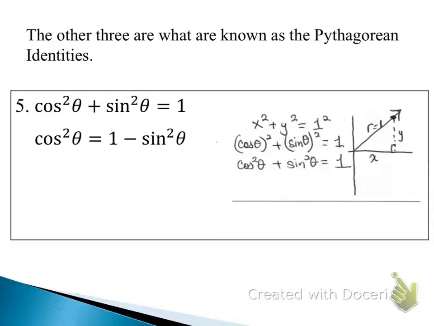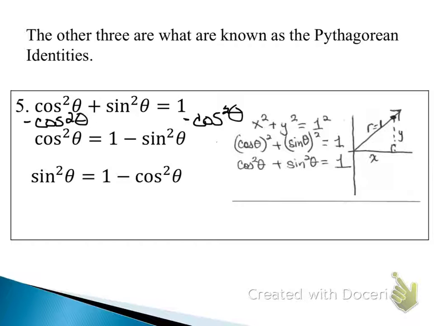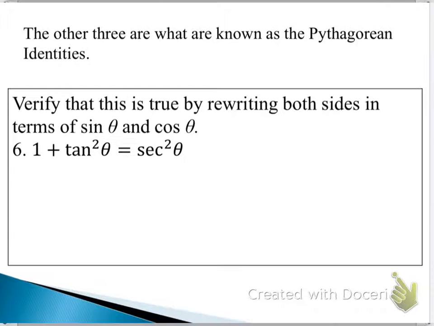And then, of course, if we were to subtract the cosine squared theta on both sides, then you know that sine squared theta is going to equal 1 minus cosine squared theta. That is just based on this particular Pythagorean identity.